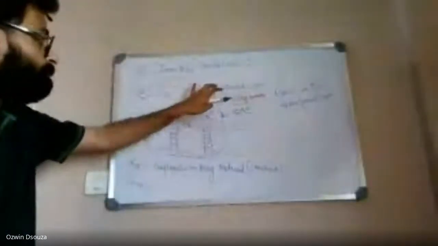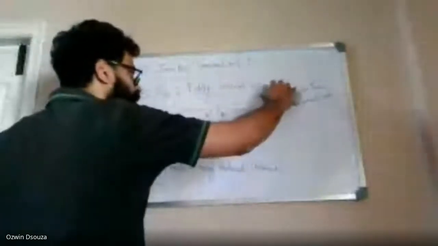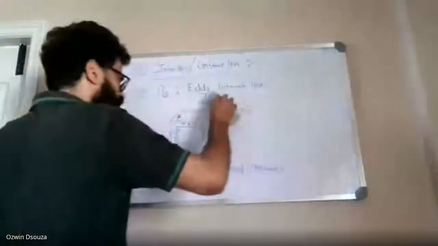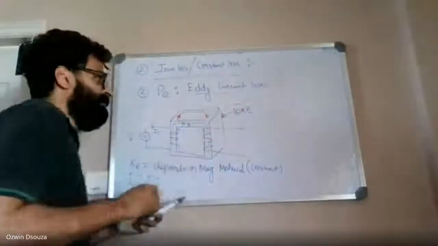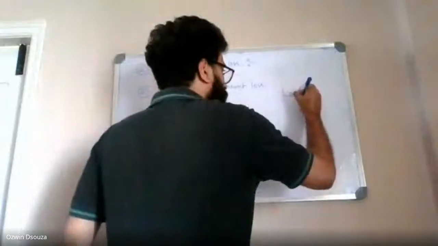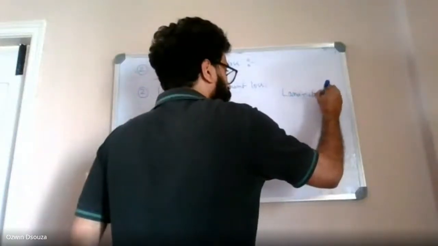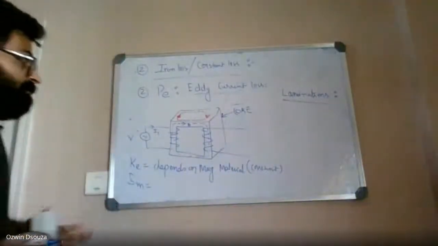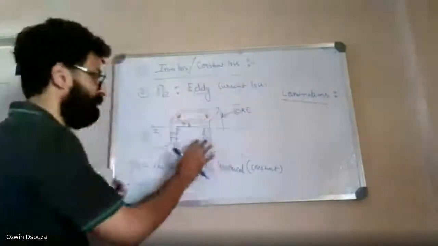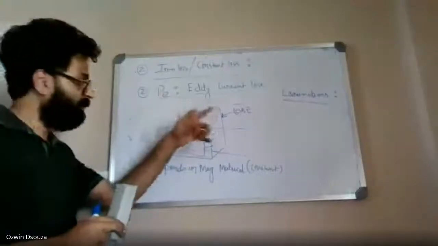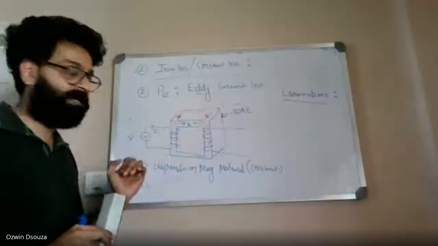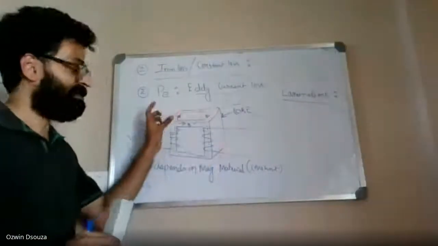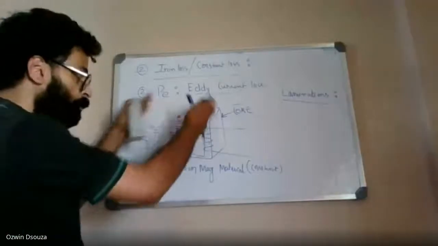Now, how do you minimize the eddy current loss? Eddy current loss is minimized by making use of something known as laminations. So, instead of considering a transformer core of this kind, in this explanation I have considered a solid core, a solid square-shaped core.